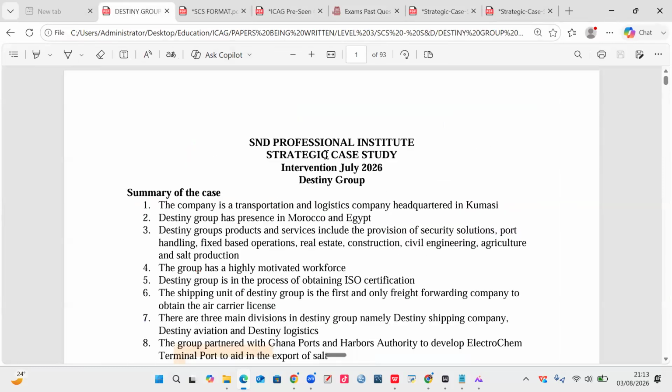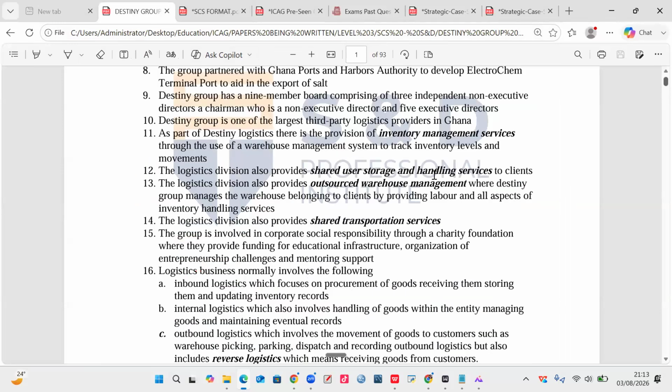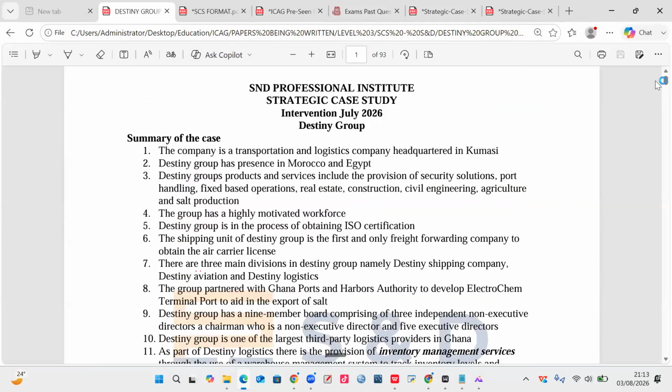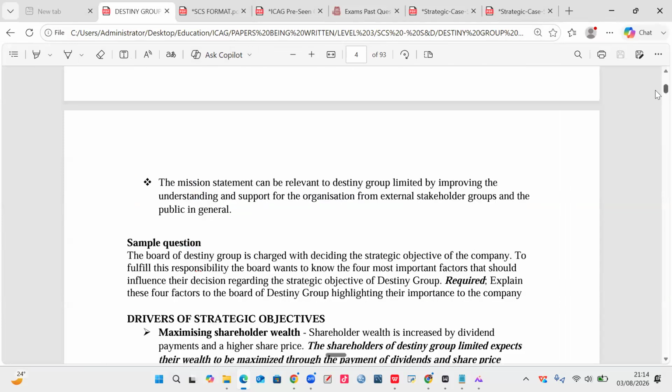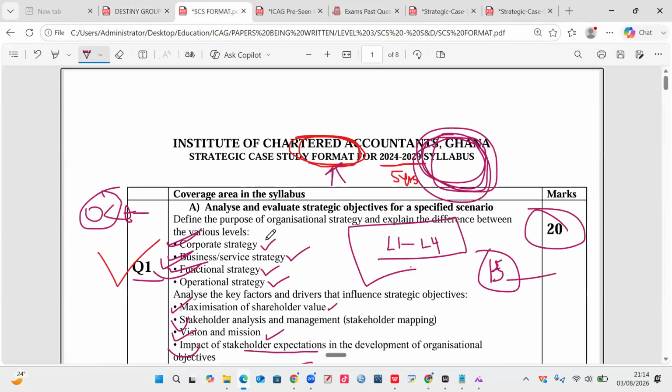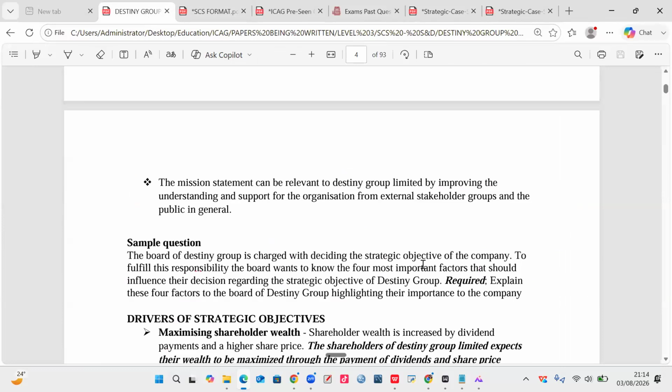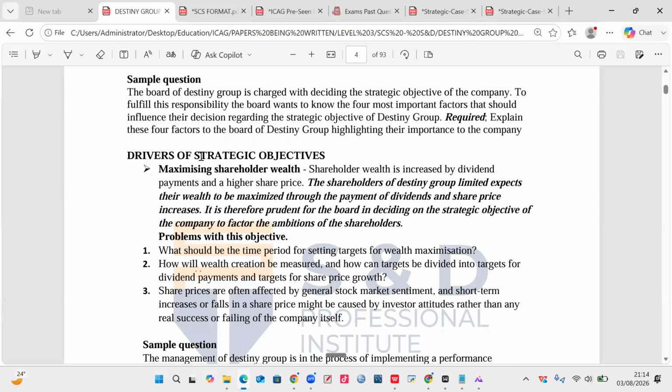And if you look at what the lecturer did with this, he has given a summary of the case here, and he was solving some of the questions, showing how we can use the syllabus, that is the formats or topics in the format, to approach the questions. He will take the issue and explain it, like drivers of strategic objective.